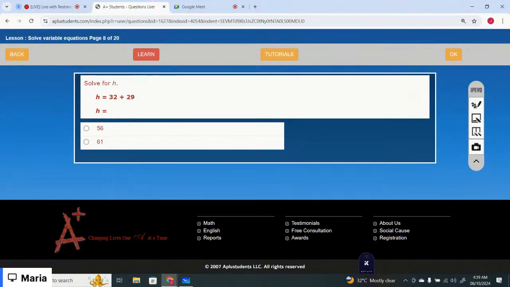Solve for h, that is 32 plus 29. So which is the correct option? Yes, that is 61. Option number 2 is the correct option.